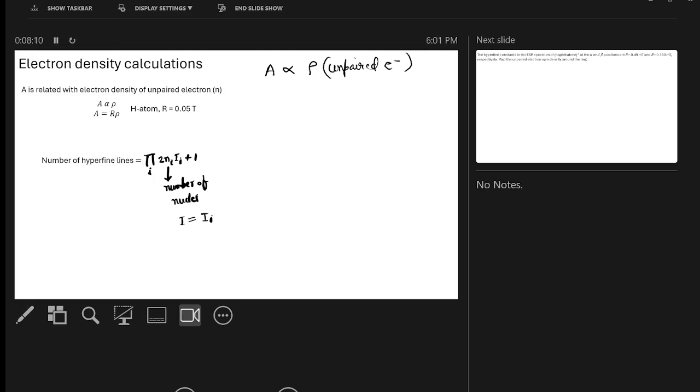If you remove this proportionality sign, you'll get something like A = R rho. For the hydrogen atom, this R is 0.05 Tesla.